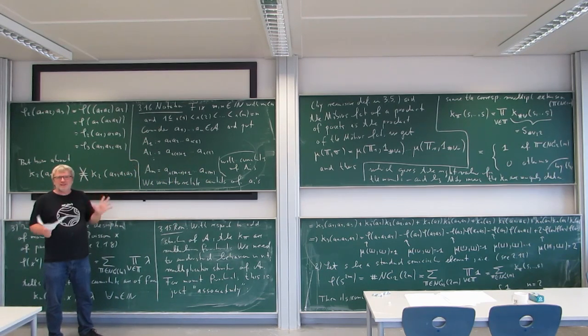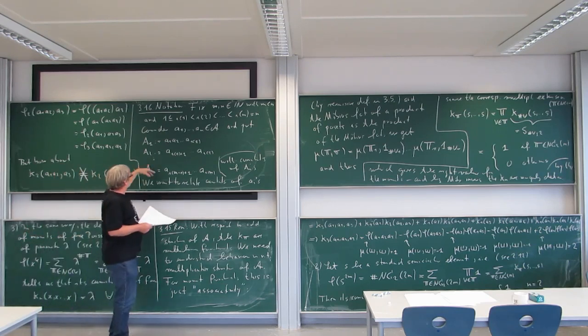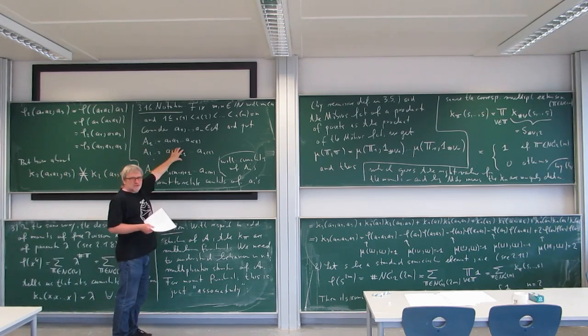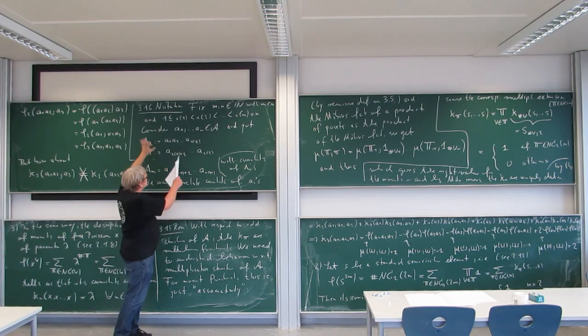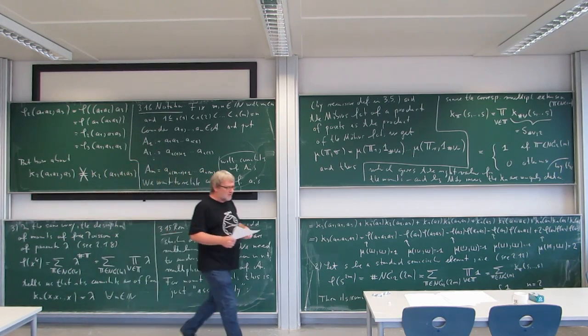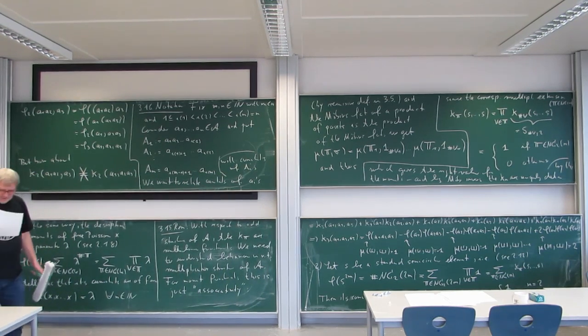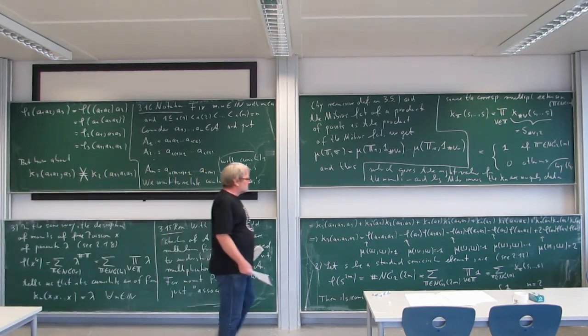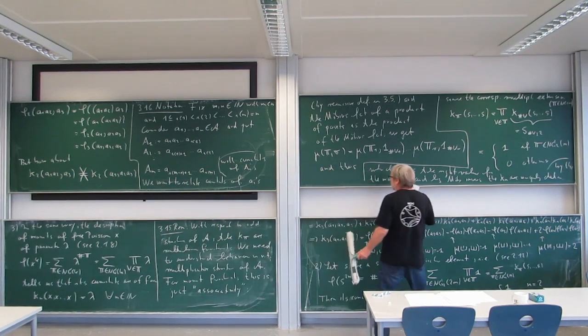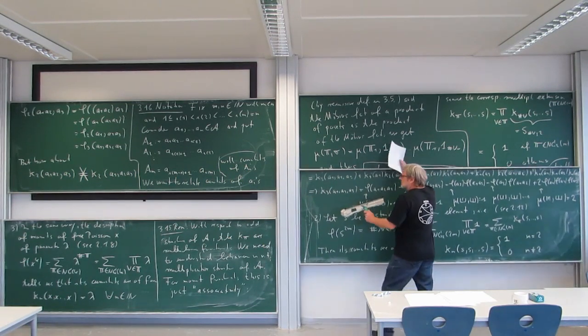So I must also relate non-crossing partitions from here with non-crossing partitions from here, which somehow have to do with the structure of how I multiply these. This is something which we see quite easily again on the level of the moment functionals.